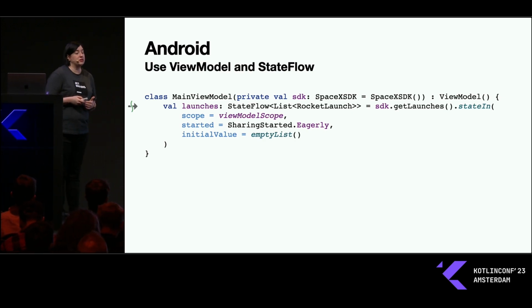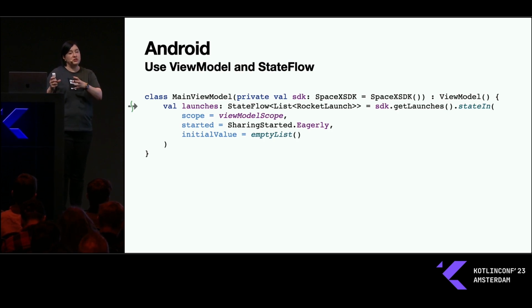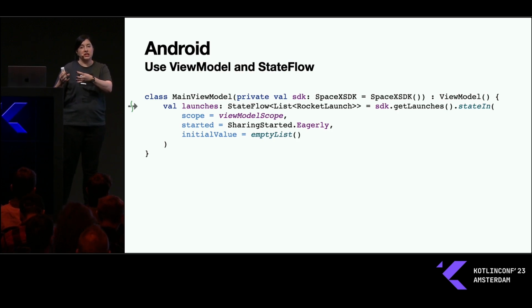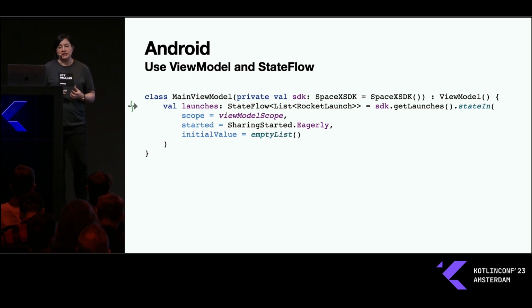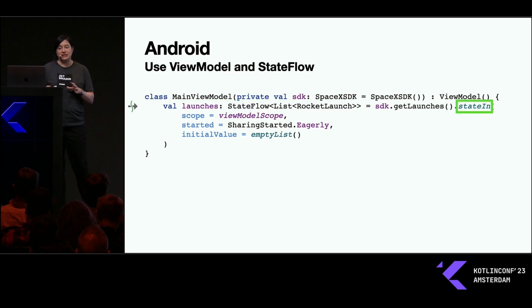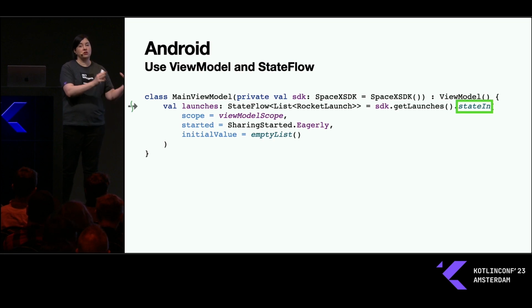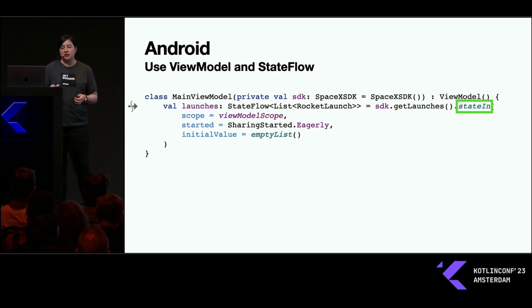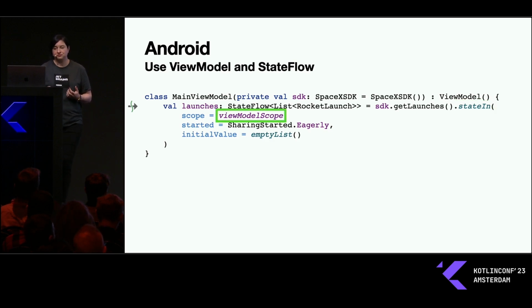The first step to the solution is really to separate out the consuming of the flow into a new separate view model. This view model has a state flow property called launches. And we are going to use SDK.getLaunches, and we're going to use the stateIn extension function to convert the cold flow to the hot state flow, using that stateIn extension function within the scope of the view model.